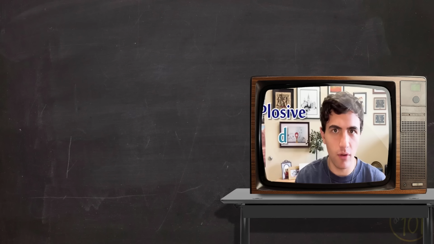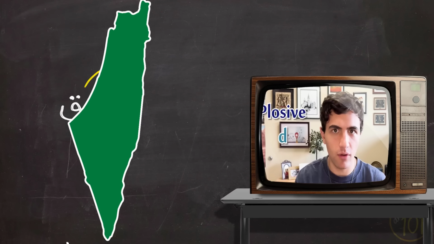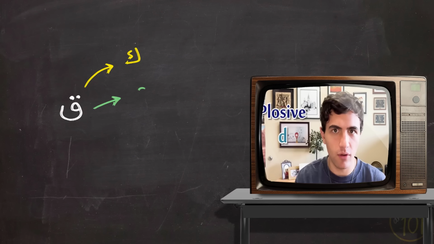Take for example, Qaf is pronounced as Ka in some Palestinian areas, but as Ga in some Yemeni and southern Egyptian dialects, and as A in some northern Egyptian dialects, and as Gha in some Sudanese dialects, and some also pronounce it as Qaf, of course.